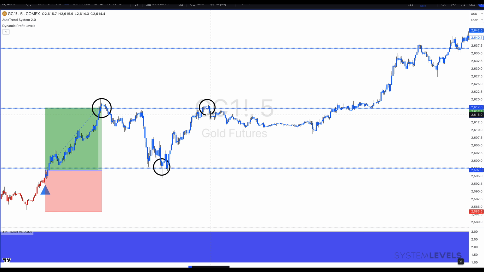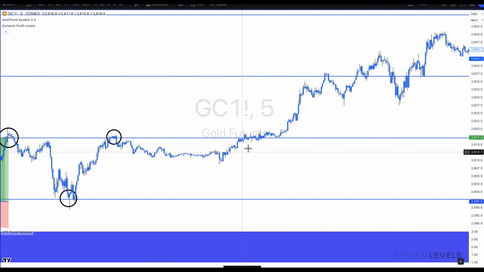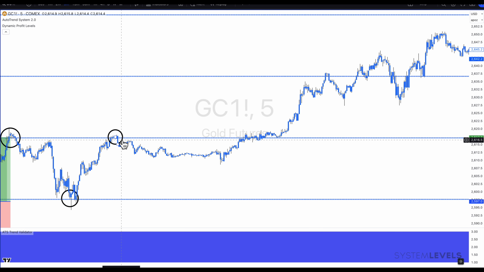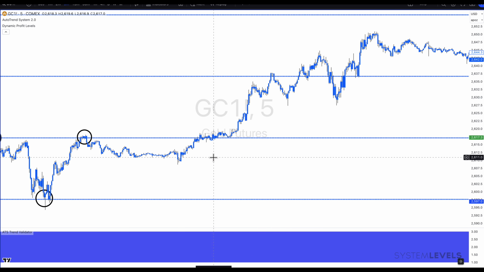Again, we have a little bit of resistance from the dynamic profit level, a little bit of sideways movement. That basically lasted the entire afternoon here from 12 o'clock or 1 o'clock Eastern until 10 p.m. at night. And then we moved higher.